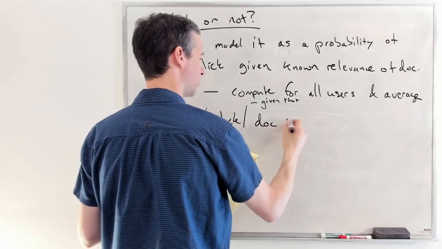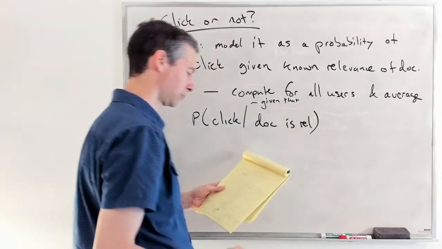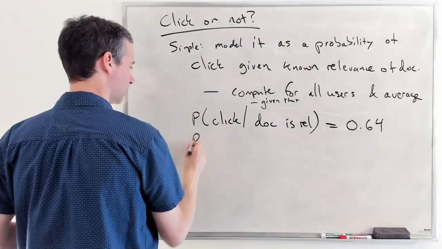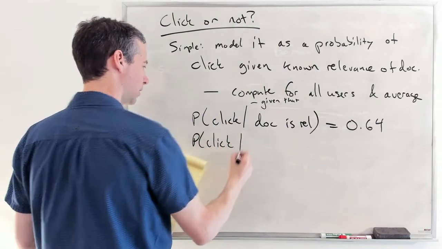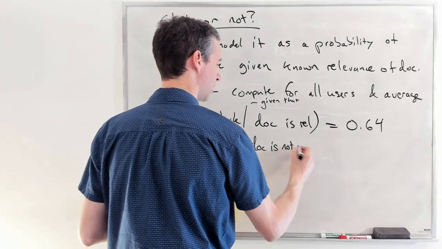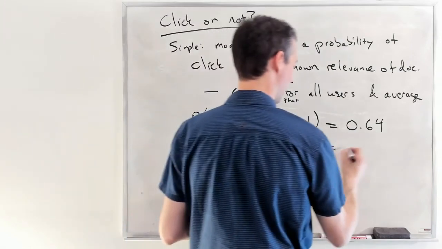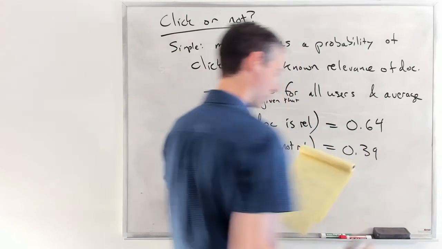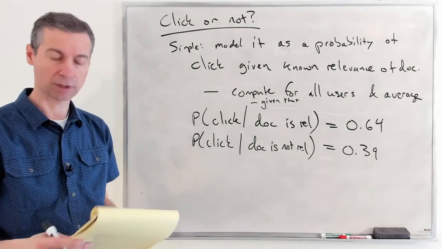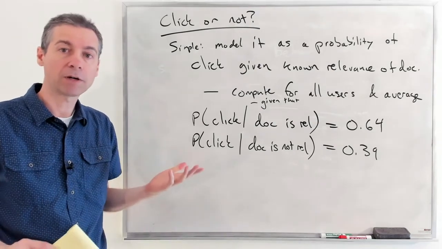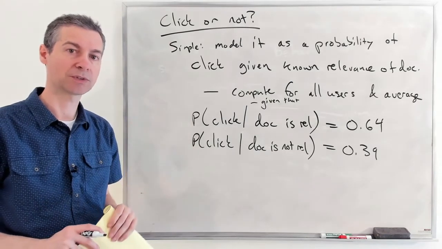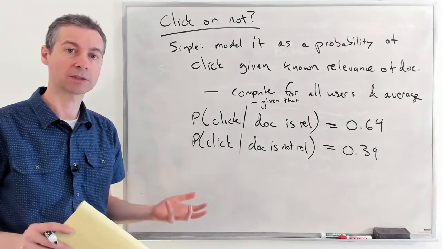Given that the document has been judged as relevant, this ended up being 0.64. And then the probability of clicking, given that the document has been judged to be not relevant, this was found to be 0.39. All right. And so, yeah, this generally follows what we expected. All right, so this gives us probabilities about whether clicking or not on individual summary based upon the known probability of relevance.